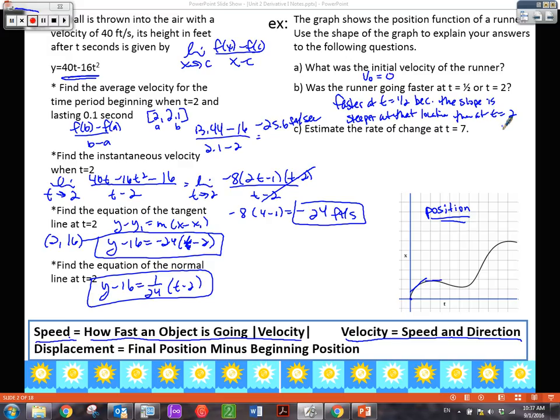Okay? And the last one, what they're asking us to do is estimate the rate of change at t equals 7. Estimate the rate of change at t equals 7. 1, 2, 3, 4, 5, 6, 7. It's right here. So to estimate the rate of change there, we would want to think about the tangent line, the slope of the tangent line there. And it's a pretty straight part right there.